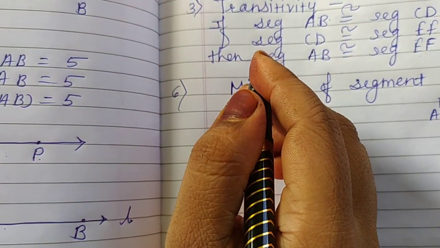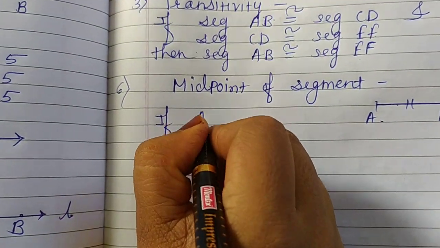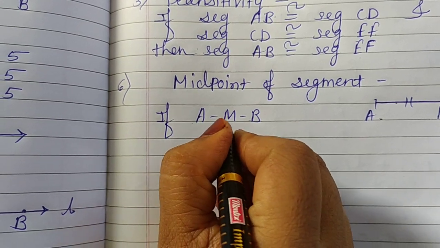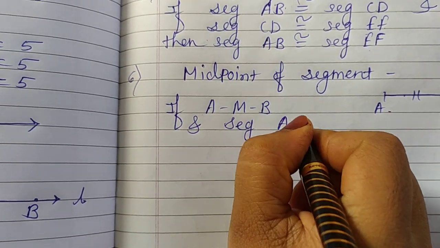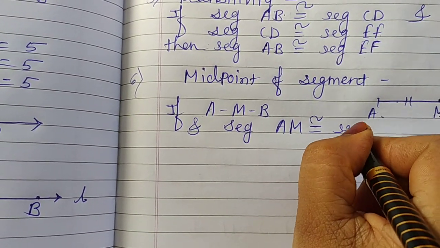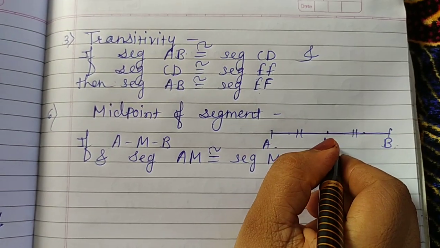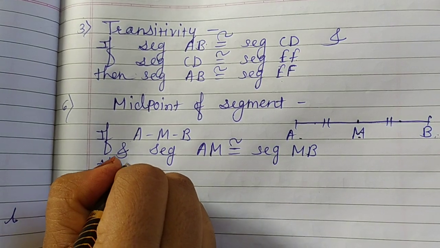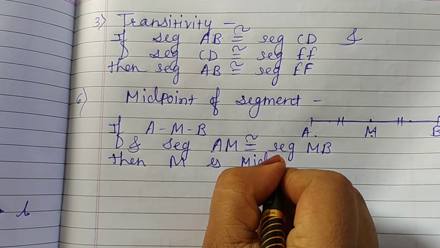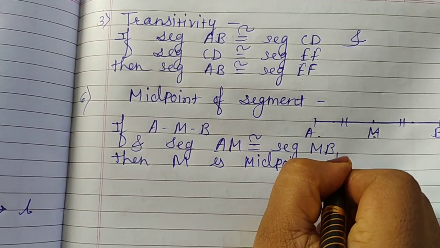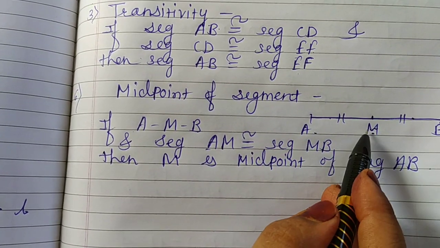So here the definition is like this: if A-M-B lies on the same line and segment AM is congruent with segment MB, then M is called the midpoint of segment AB. Okay, and every segment has only one midpoint.